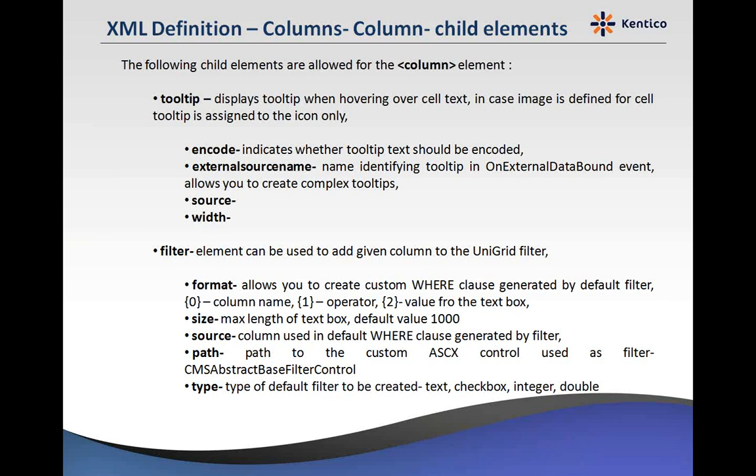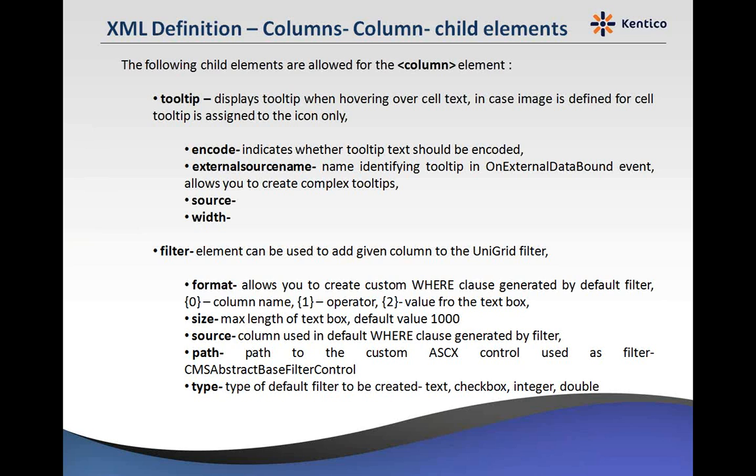The tooltip takes the external source name again, so you can handle it on the external data bound event. That way you can include some controls in the tooltip, and the tooltip is displayed when you hover over the content of the cell.